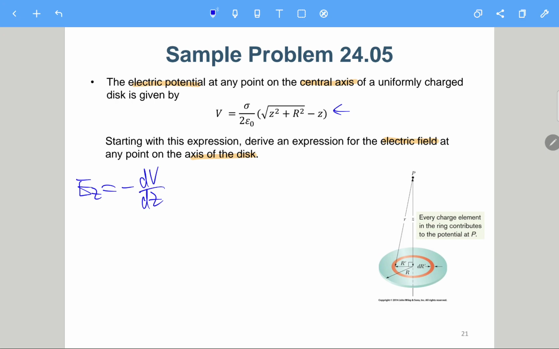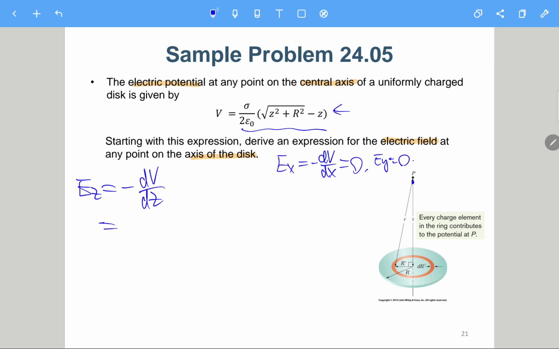So you can imagine that when you consider E_x equals minus dV/dx, this expression is independent of x, which means that the x component should be 0, and so E_y should also be 0, which means for the E field on the z-axis, there will be no x, y component, only z component. So we can just take the derivative.